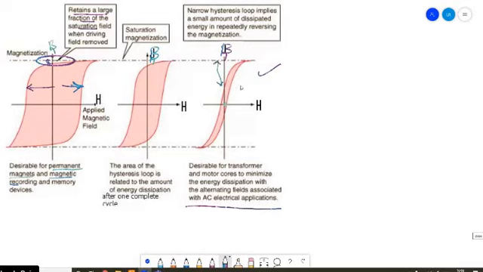In that case, we can use materials which have a narrow hysteresis loop. So depending on the application, we can select a material, and this BH curve gives an idea about how the material will behave when it is subjected to repeated magnetizing and demagnetizing.